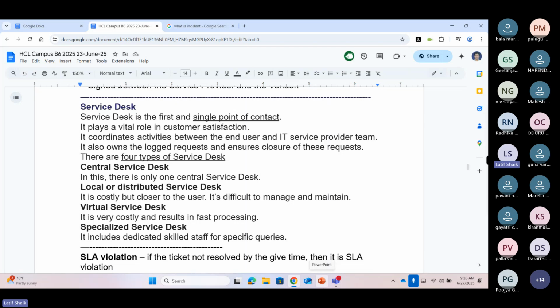For example, the internet is not working: till now it was working, now it has stopped. Or the system is not working: till yesterday it was working, from morning onwards it is not. Or an application is not loading.